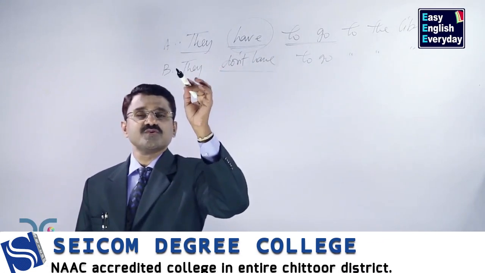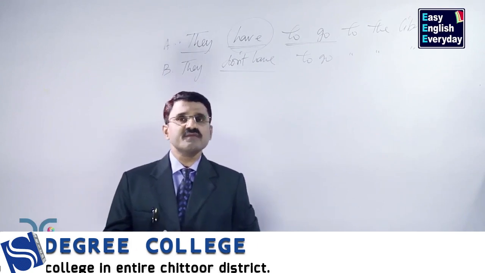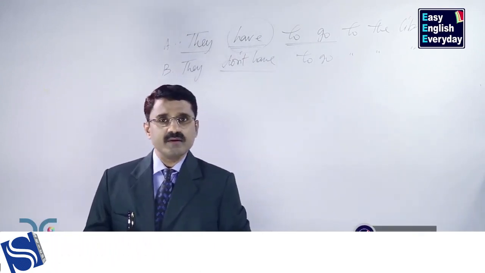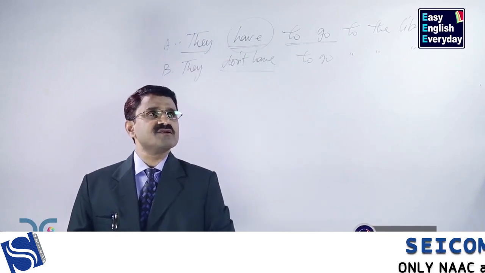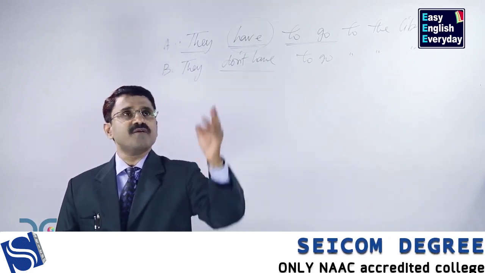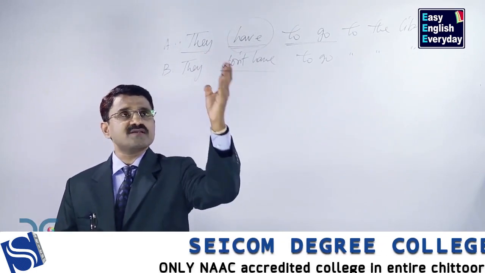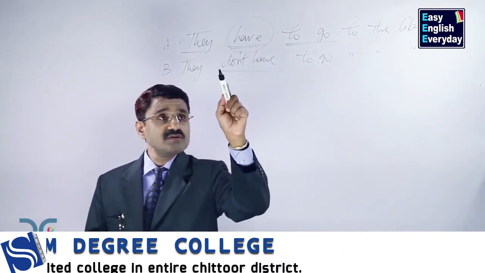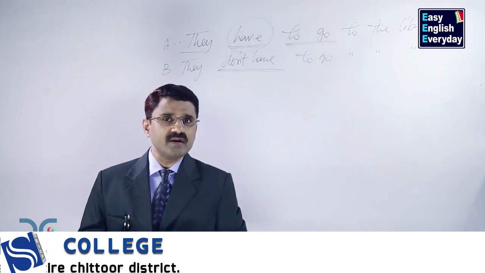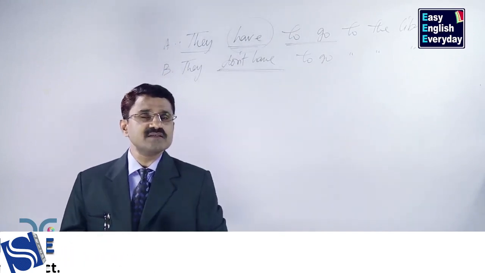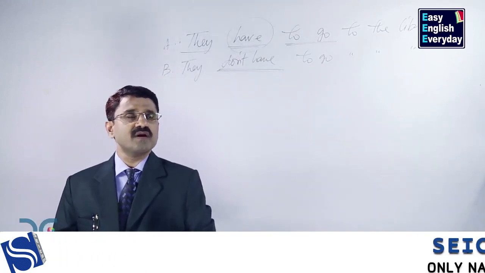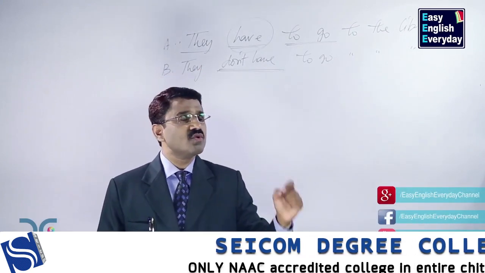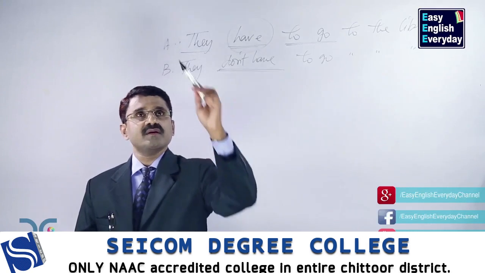Now compare these 2 sentences and try to understand the difference between them. They have to go to the library. The meaning of this sentence, it is compulsory for them, it is obligatory for them to go to the library. They don't have to go to the library. According to this sentence, it is not compulsory for them, it is not necessary for them to go to the library.